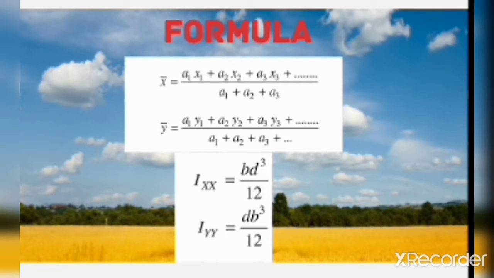X bar equals area 1 x1 plus area 2 x2 plus area 3 x3, divided by area 1 plus area 2 plus area 3. Here we are taking three areas. Similarly, y bar equals area 1 y1 plus area 2 y2 plus area 3 y3, divided by area 1 plus area 2 plus area 3.